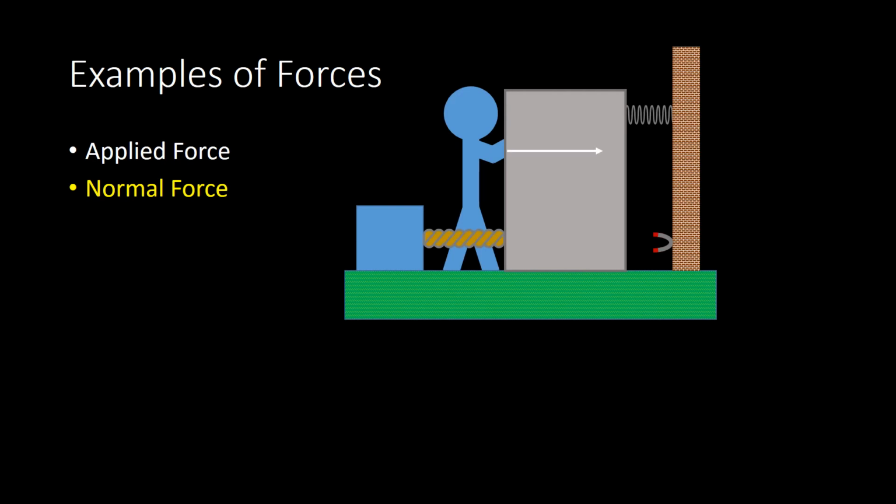And that normal force acts perpendicular to the surface, hence the word normal. Now, technically, we'd have to draw this in at every single point along the bottom of this box. So we'd have many little arrows like this, technically infinitely many, in fact. But of course, that would be really tedious to draw.